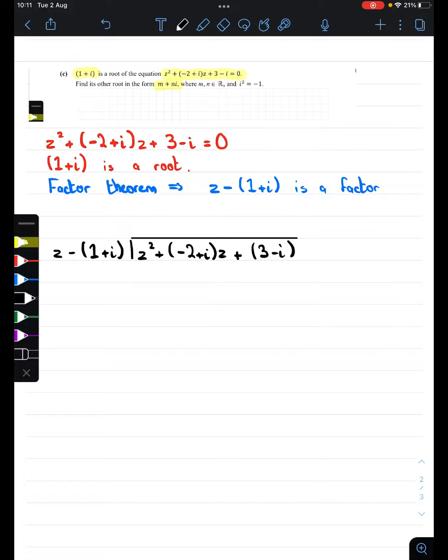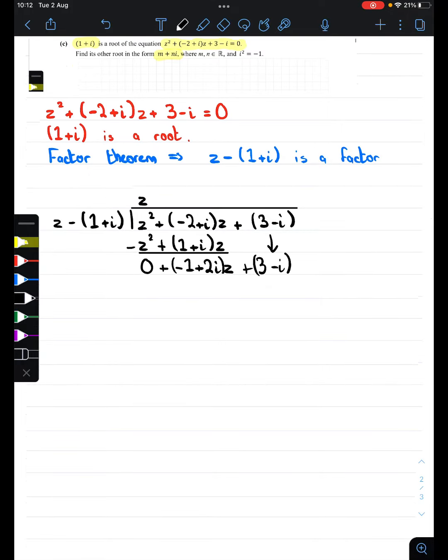Okay, now z goes into z squared one time, and now we get z squared minus (1 plus i) z, and now this becomes a plus, change the sign, we get a 0 plus (minus 1 plus 2i) z, bring down the 3 minus i, and now we want to divide z into (minus 1 plus 2i) z, which is of course minus 1 plus 2i.